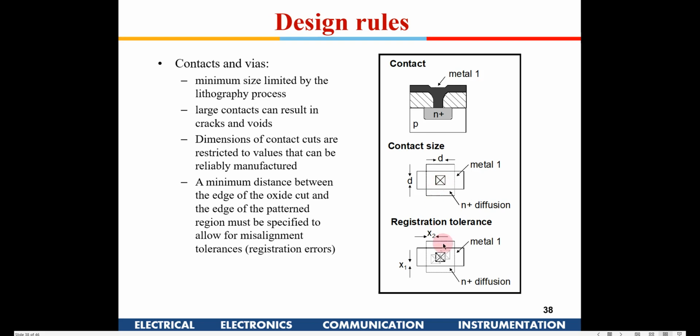And once that hole is made, you have to define an area around it like this, because when this hole gets fabricated, you will find that it may get fabricated here or here. So these clearances also need to be maintained to cater for the imperfections. All those dimensions are given.